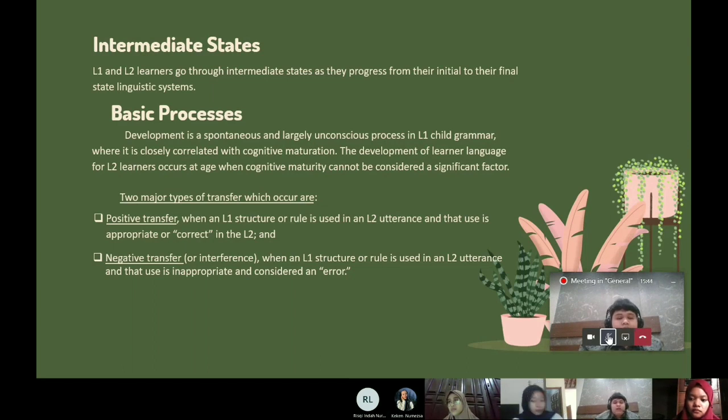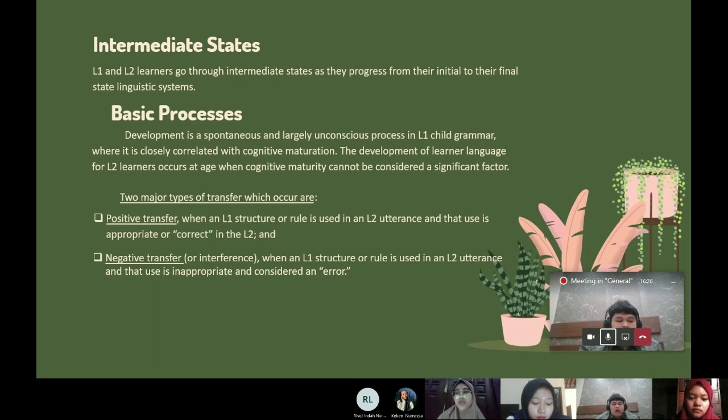Instead, cognitive maturity, language influence, or transfer from prior knowledge, from L1 to L2, is the process involved in the development of interlanguage, or learner language.